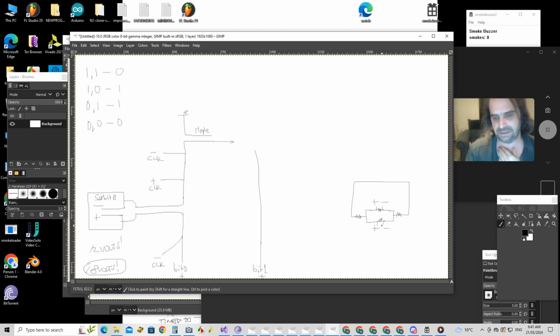You can call this one the R1 resistor. This is actually the R2 resistor. This one's the R1 resistor. This is the R3 resistor. If this was 1 and this was 1K, I'd have it perfect.